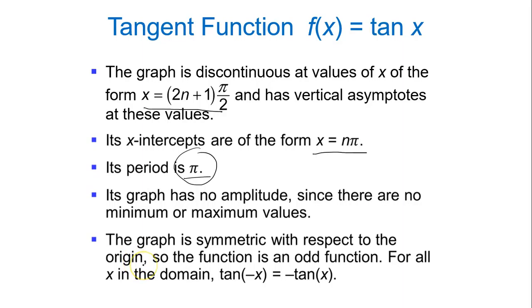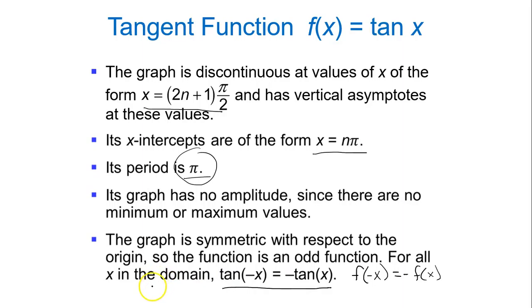So the function is an odd function. Remember, all odd functions have the property that the tangent of negative x is equal to the negative of tangent of x. In other words, when you plug in negative x, it's equal to negative f of x. That's telling the same thing right here.